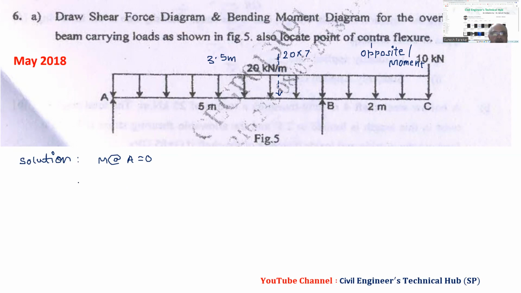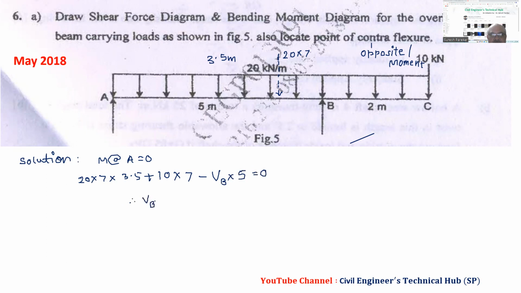So we have 20 into 7 into 3.5. Then we have 10 kilonewton at point C, so we have plus 10 into 7 minus VB into 5, and that is equal to 0.